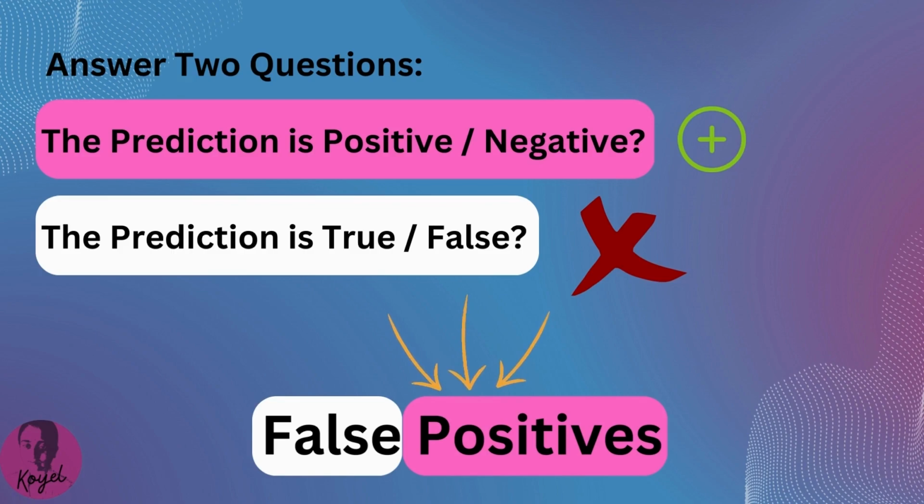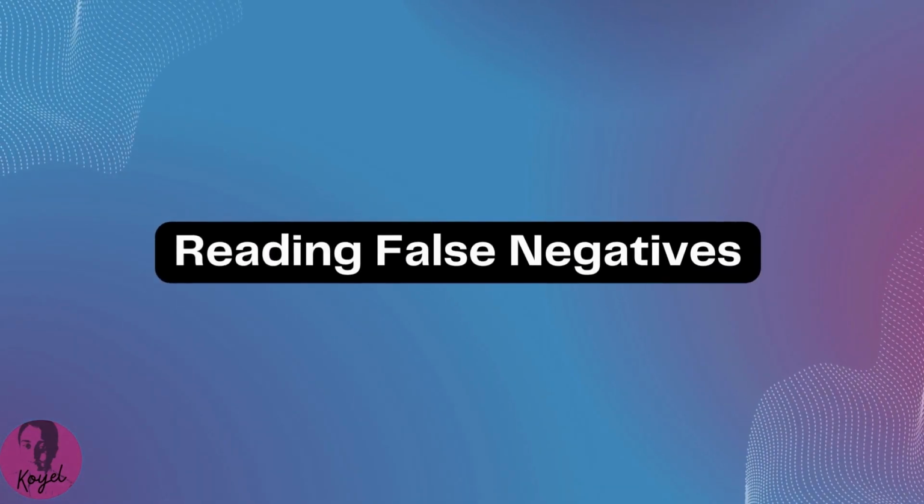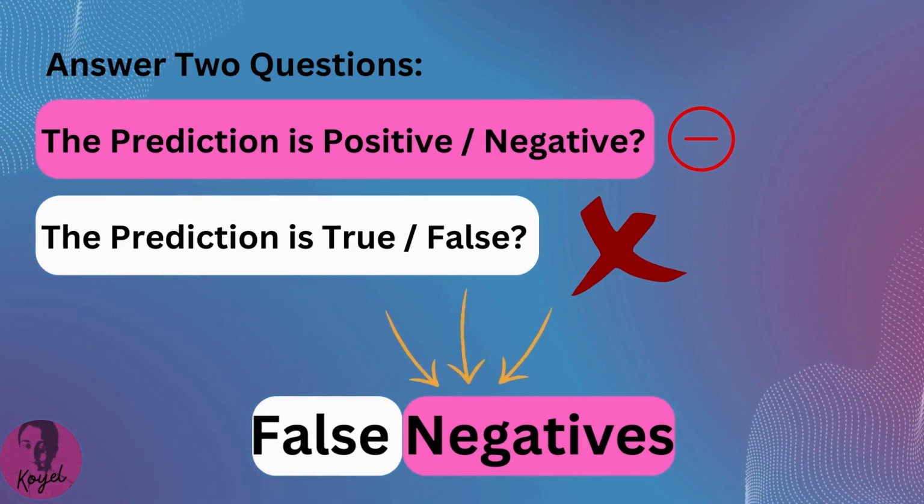Thus, compiling positive and false in reverse order, we reach at false positives. In this way, we get to know that the targeted cell represents false positives. Again, let's start with this cell. Answer the same questions. Here the answers are negative and false. Combining them, we get false negatives.